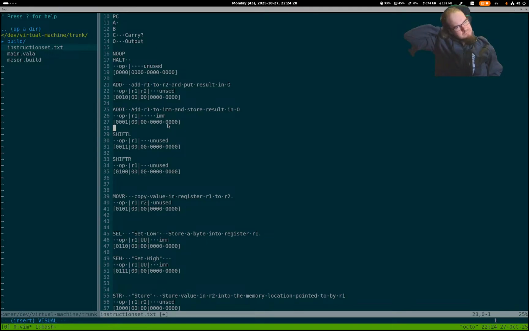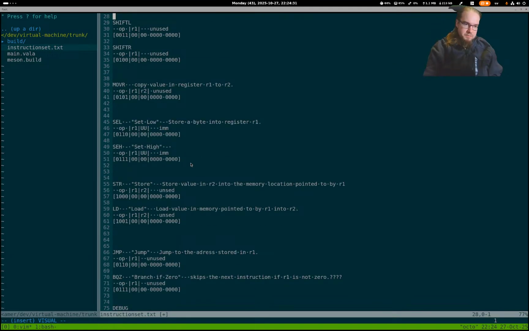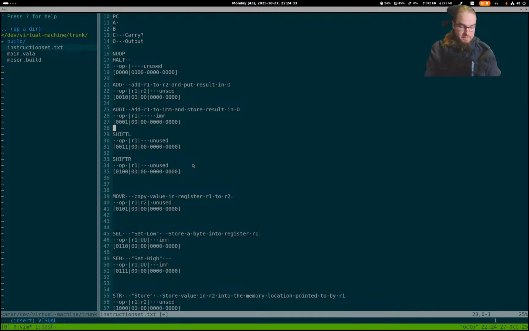Would be very, very nice. But I still have many opcodes left, so let's just continue.